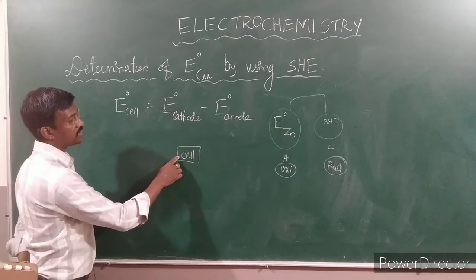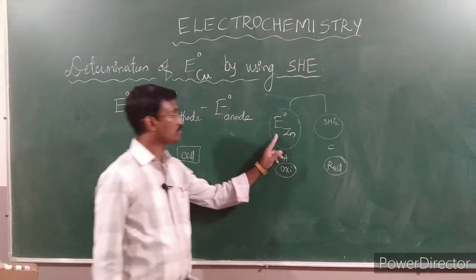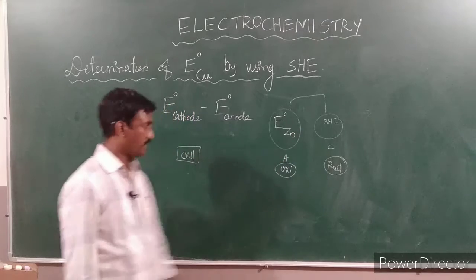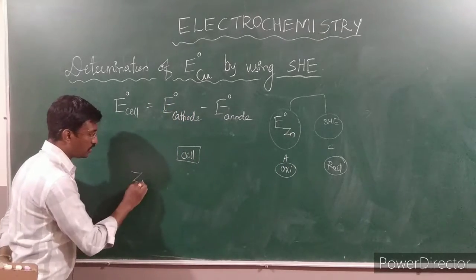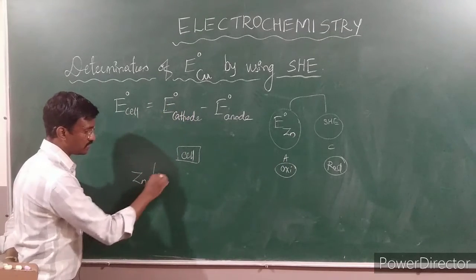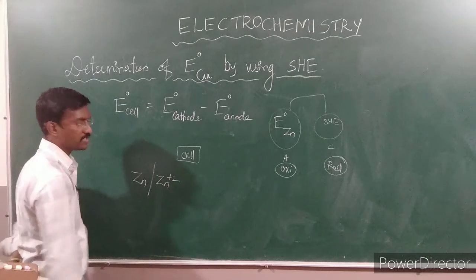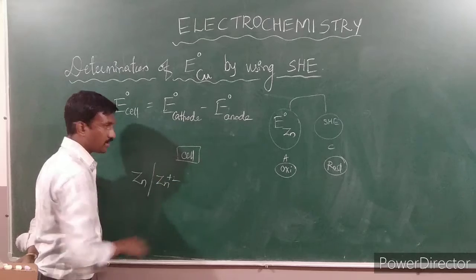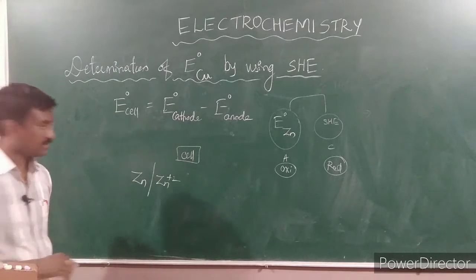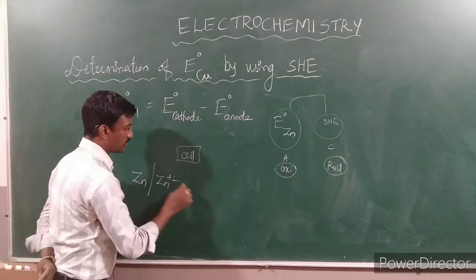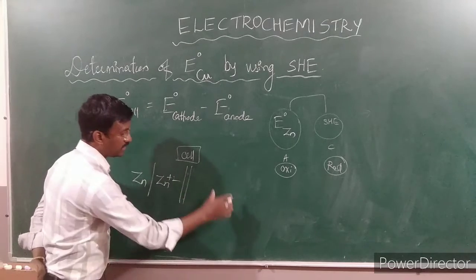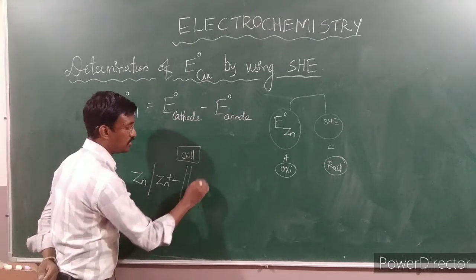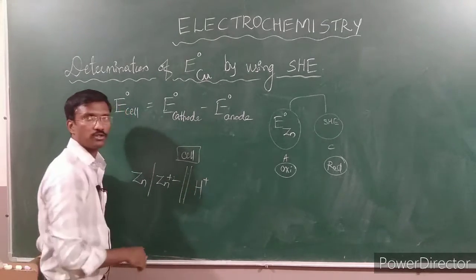The cell representation for the determination of the standard electrode potential of zinc is, look here, initially a zinc rod dipped in a zinc solution. The charge of the zinc in the solution is plus 2, and it is connected through a salt bridge to the SHE. In this solution the ion present is hydrogen ion.